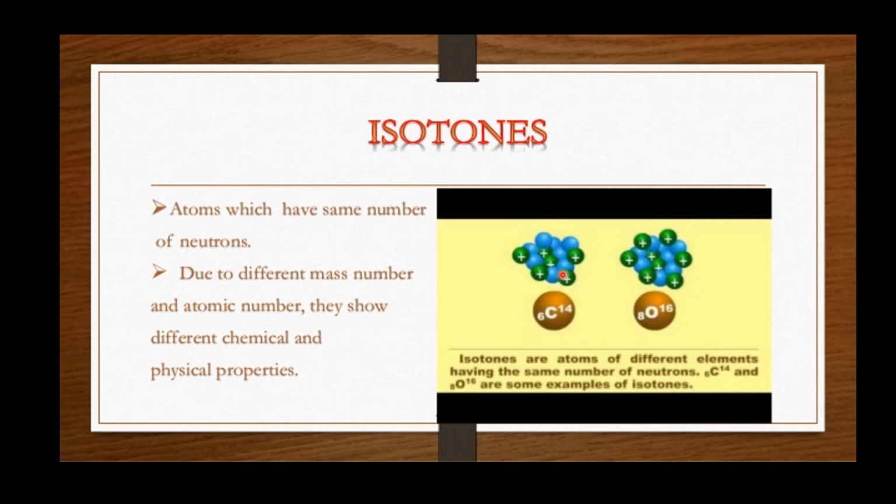The carbon 14 isotope of carbon and oxygen 16 have different numbers of protons. Their mass numbers are also different, but the number of neutrons in both cases is 8. Like 14 minus 6 will be 8 in case of carbon, and 16 minus 8 is again 8 in case of oxygen. So these two atoms are isotones.